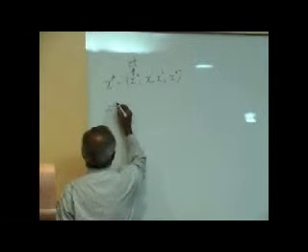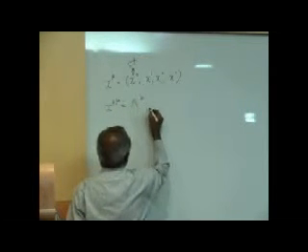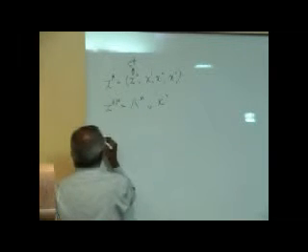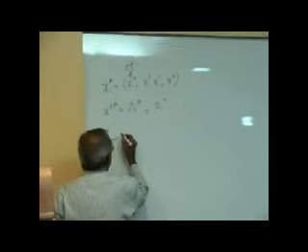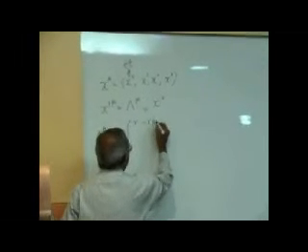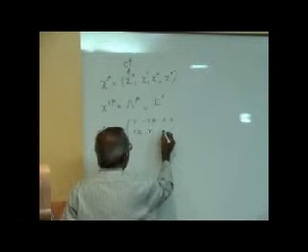I wrote down x prime mu equal to lambda mu nu x nu, and lambda mu nu was a matrix. I had gamma, minus gamma beta, 0, 0, minus gamma beta.